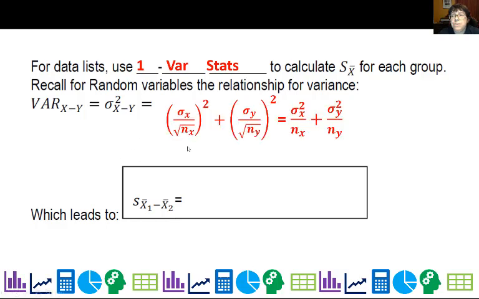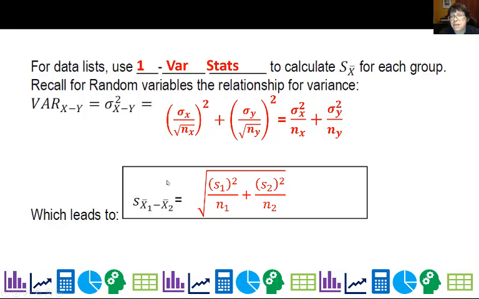So the variance for x, if I have a difference of two variables, is the standard deviation, or standard error depending on the symbol, squared. And if we square them and then add them, I get this. But standard error is the square root of variance. So this is actually what you do see on your math chart.